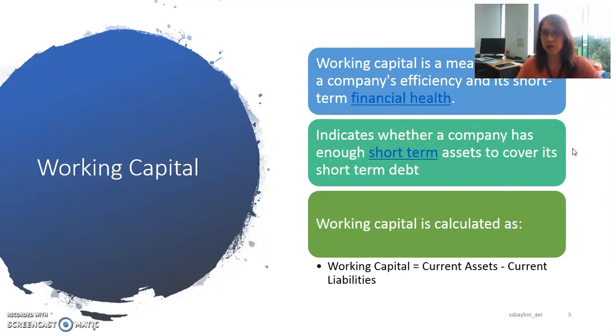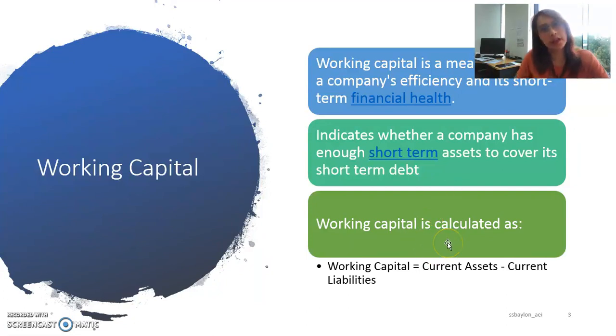That's how strong your company will be in terms of financial health. Working capital also indicates whether a company has enough short-term assets to cover its short-term debts. So this is what I was talking about earlier. You have to know whether you have maximized your assets so that you'd be able to pay off your liabilities, but this would be short-term in that sense.